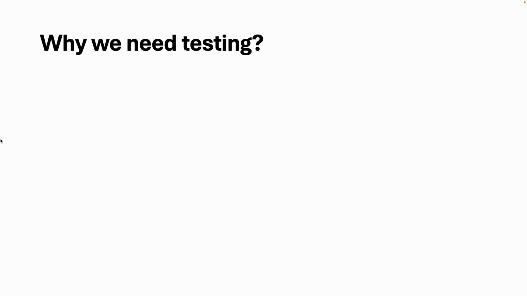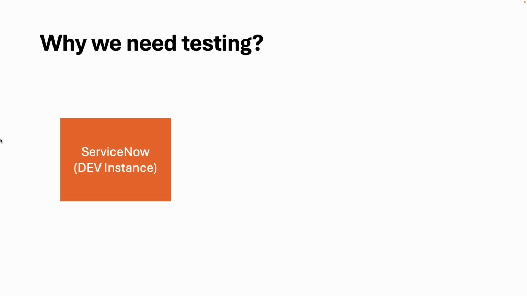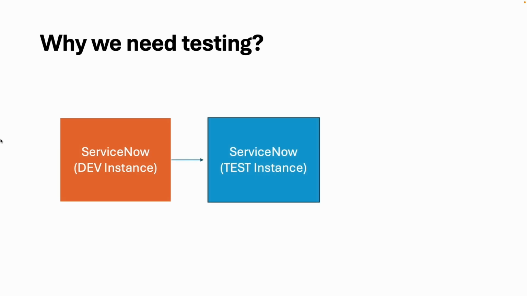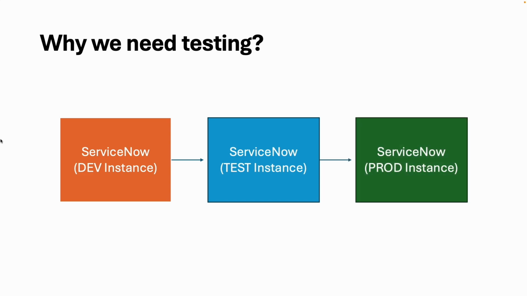All right, why we need testing. Let's understand with a practical scenario. We have a ServiceNow dev instance, then a test instance, and then a prod instance, right? I have already explained this. In the dev instance, the developers do the development, and when you're done with the development, you move your changes to the test instance with the help of update sets.